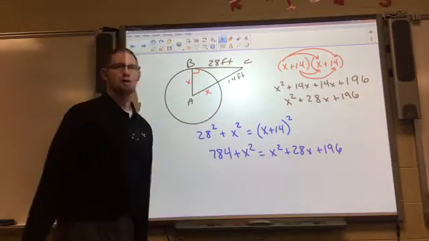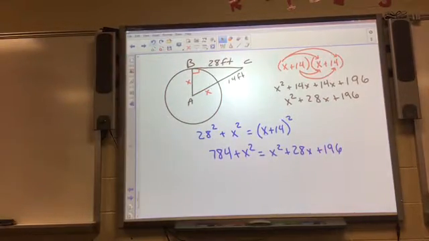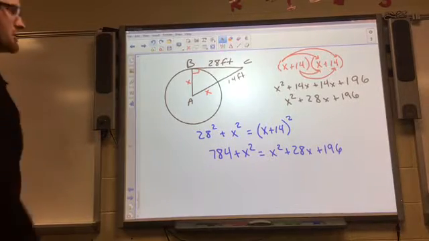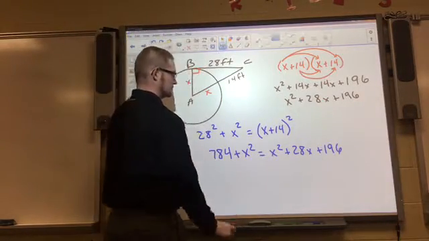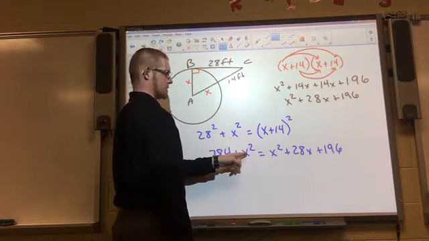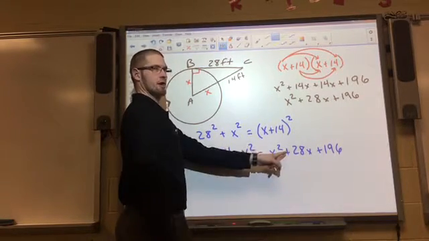Now, how am I going to go about solving that? Because usually what we've done, we haven't had an x squared and an x at the same time, because those are different variables, right? What should I do? Yeah, let's go ahead and start combining like terms and see what happens. So we want to move this x squared over here, right?